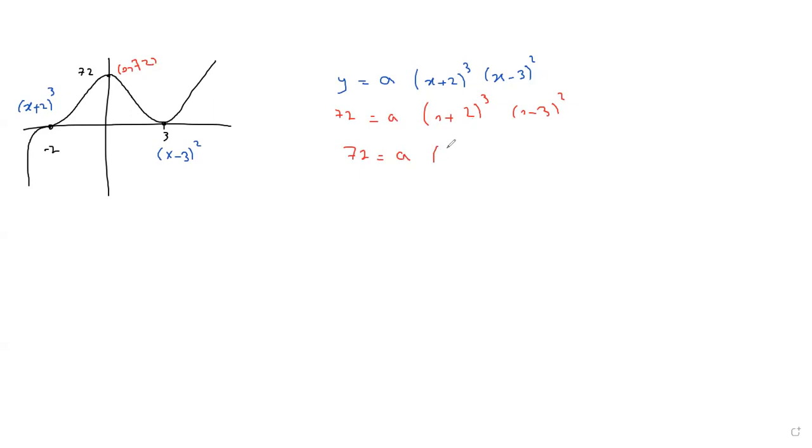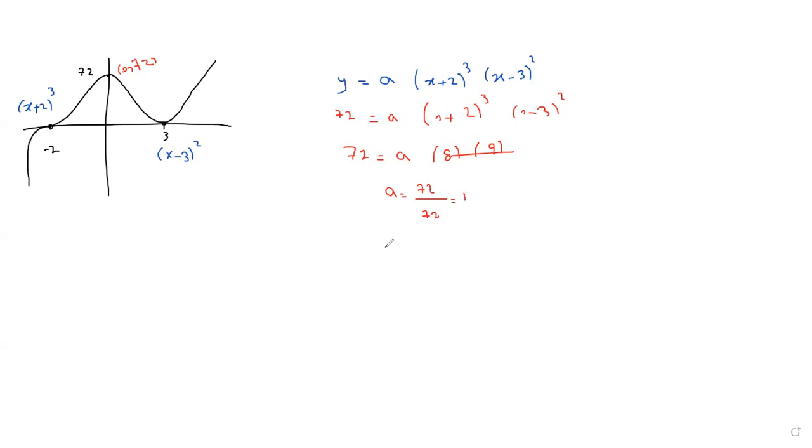So 2 to the power of 3 is 8, and negative 3 to the power of 2 is 9. So a is equal to 72 divided by 72, which is 1.